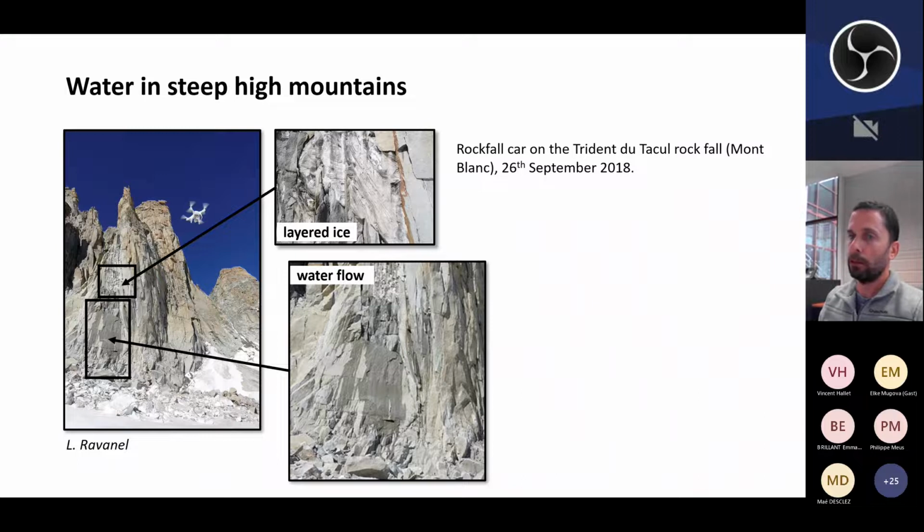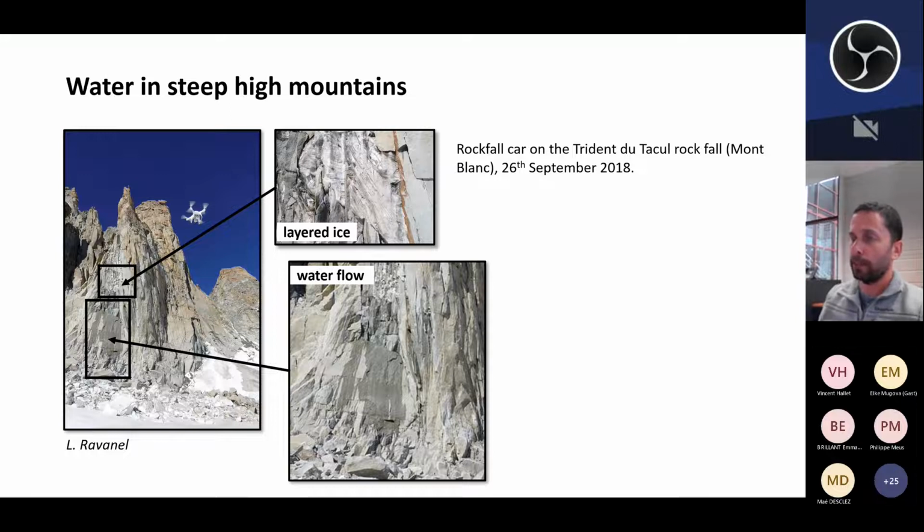So we know water influences the stability of the rock walls, and there are many ways it can happen. It can exert hydrostatic stress. It can lower friction. It can thaw ice that held some of the rock.